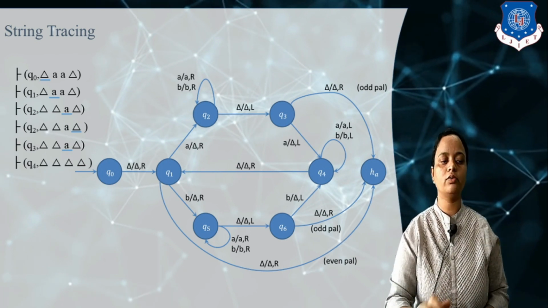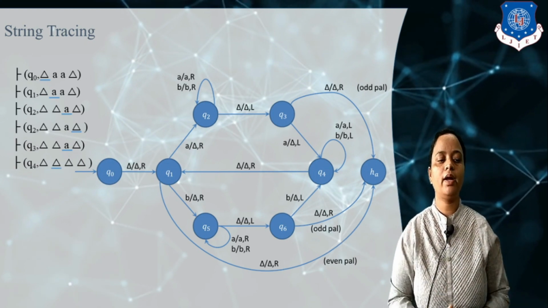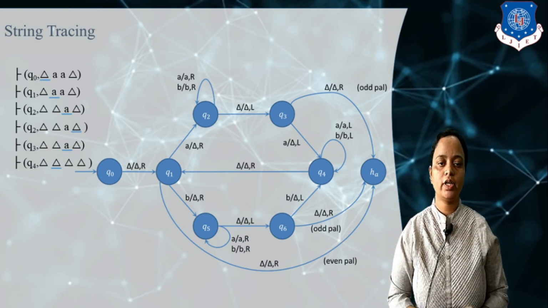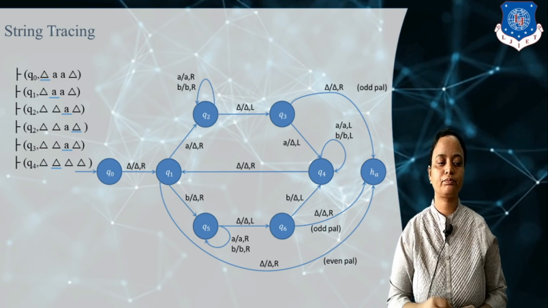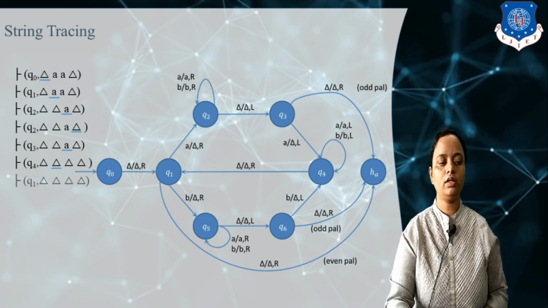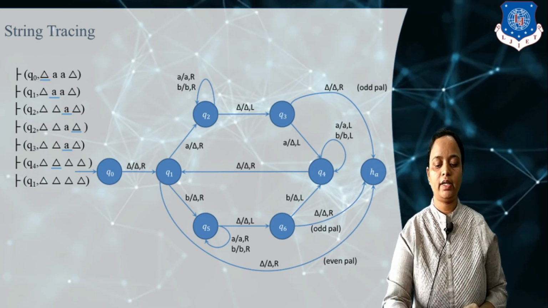So here from q3 to q4, A is replaced by delta and my tape head is pointing to the left delta. Now q4 says that if delta is coming, delta is replaced by delta and move to the right side. So for doing this we change the state to q1 and my tape head is pointing to the delta.